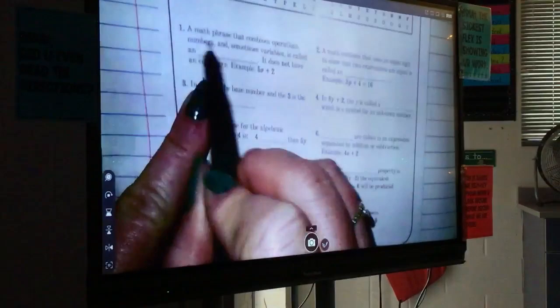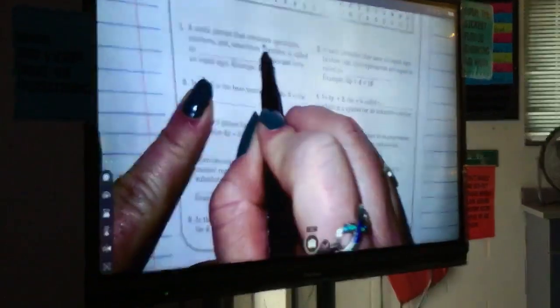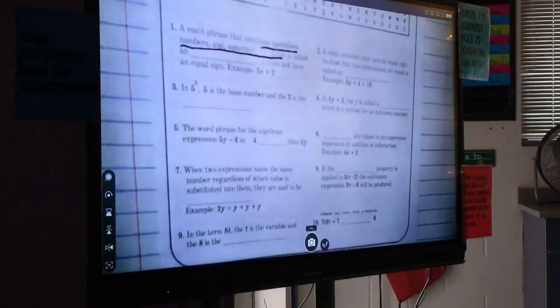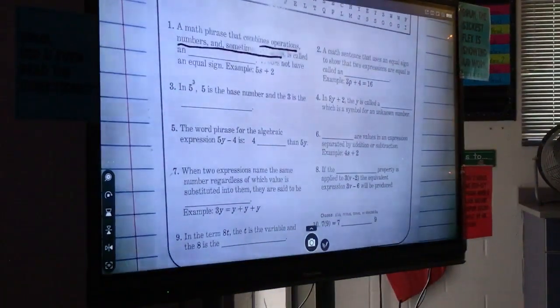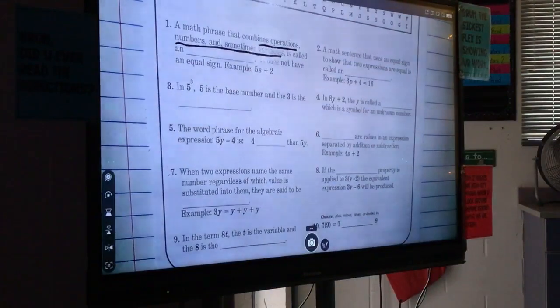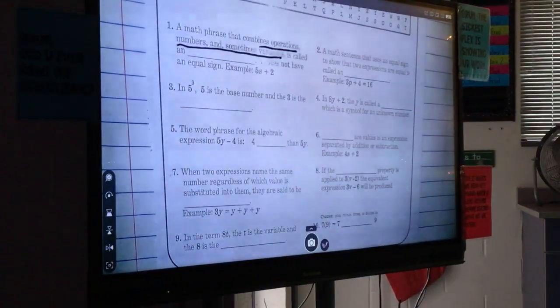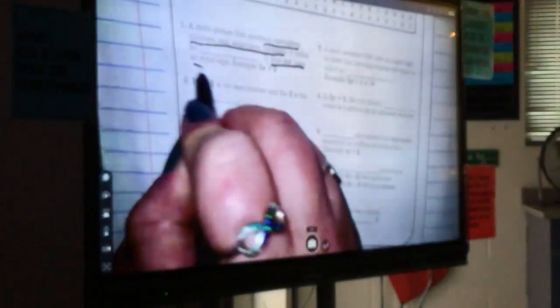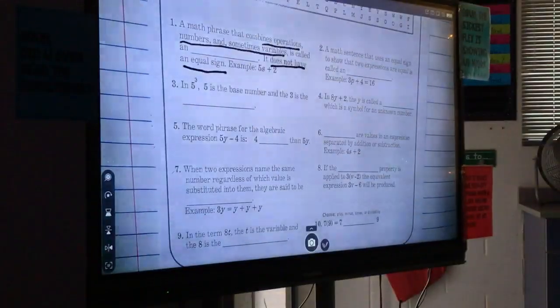So, for example, it says a math phrase that combines operations, numbers, and sometimes variables is called what? Then it gives you a little hint even. It says it does not have an equal sign. So what word do we know?